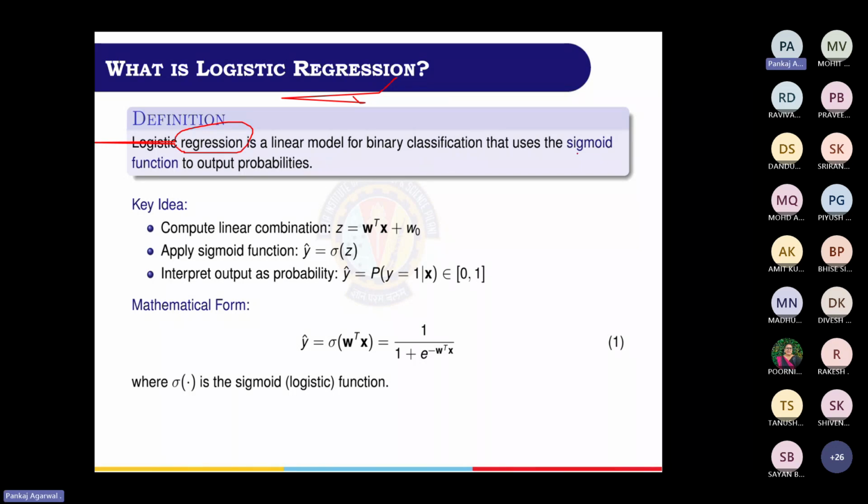So we would apply the sigmoid function on the linear regression model that we have studied so far. This is a linear regression model that we all know. We would just apply the sigmoid function, which would convert the output. This output is between minus infinity and plus infinity, as we know.